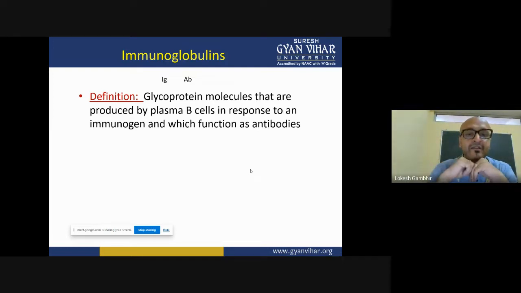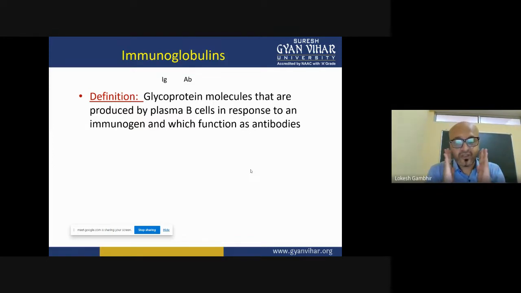Now, what is antigen? See, antigen is a foreign particle which is entering inside our body. Now, antigen should be a different character. It should be a foreign material. There are classes where we say that endogenous antigens are also there, but we'll see that in later stages.